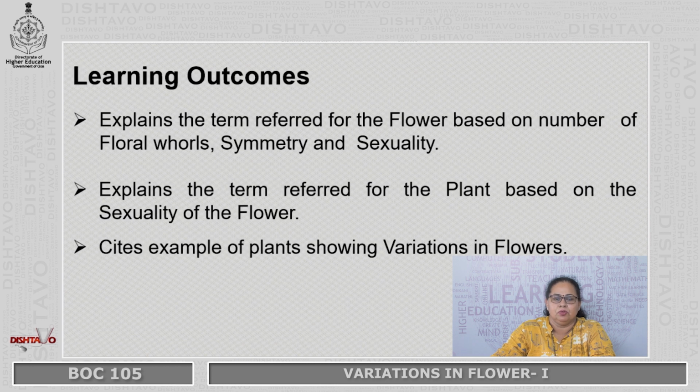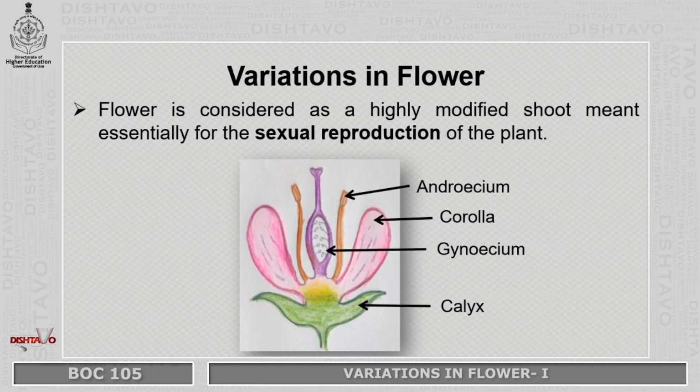At the end of the module, you will learn to explain the term referred for the flower based on the number of floral whorls, symmetry and sexuality, explain the term referred for the plant based on the sexuality of the flower, and cite examples of plants showing variation in flowers. Let us study about the variation in flowers.